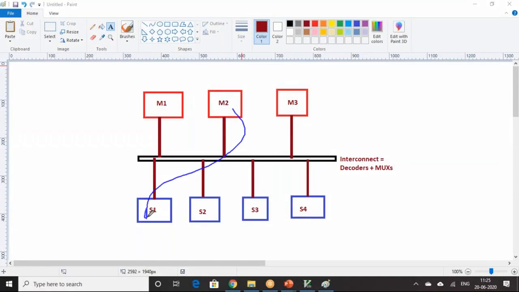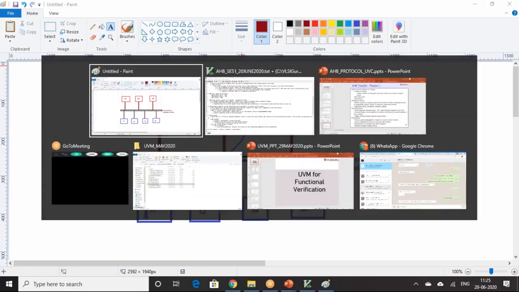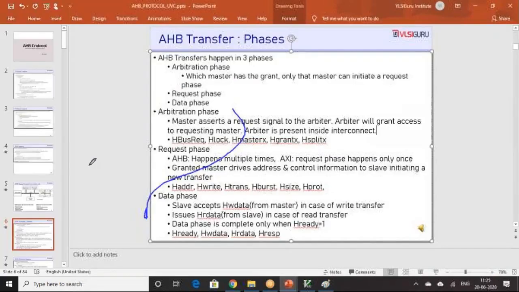That transaction happens in two phases: request phase and data phase. So essentially, AHB communication happens in three phases: arbitration phase, request phase, data phase. Let us understand what happens during the request phase. In AHB, it happens multiple times. In AXI, the request phase happens only once.